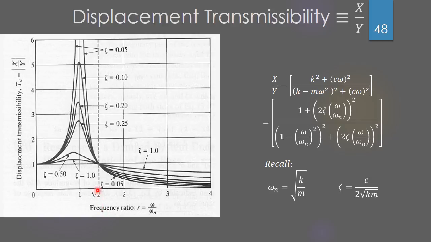As we can see, at square root of 2, we can divide into two regions: the amplification region and the isolation region. In the amplification region, if we increase the damping ratio, we can see that the displacement or amplification is decreased, while the exact opposite happened in the isolation region.